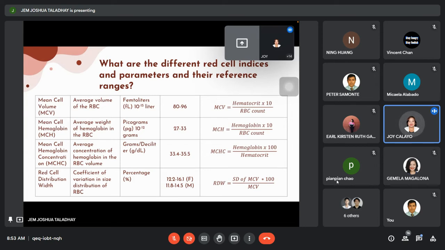But in stage 3, you will see a significant lowering of the values of these two blood indices, such that you will need to do more diagnostic tests like the iron studies mentioned earlier, in order to establish that the cause of the microcytic hypochromic anemia is truly iron deficiency.